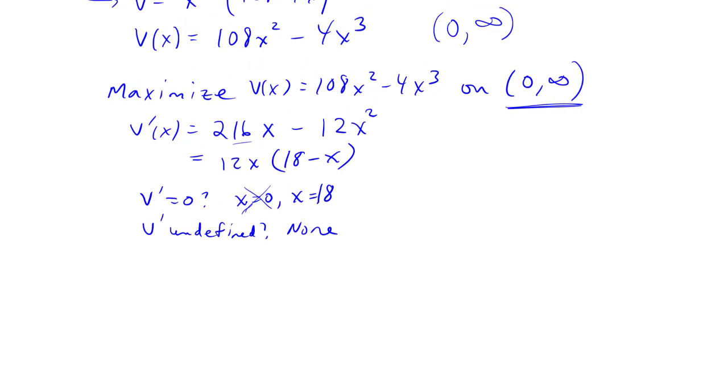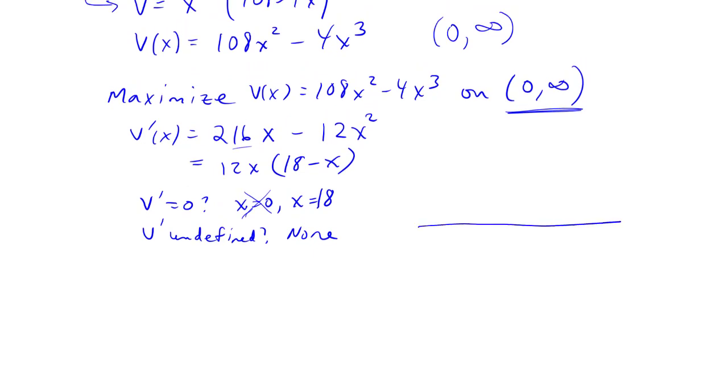So let's take a look at putting this on a number line from 0 to infinity. This is now V prime. We'll put 18 on there. If we take 1, say, and put it into our derivative, we'll get a positive times a positive. If we take something bigger than 18, the first factor is still positive, but the second is going to go negative, so it's negative there.